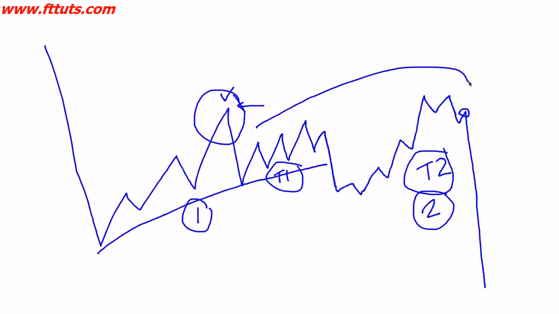Make sense? What I personally do is I say, forget reading the entire left-hand side. Let it take its time up until here. Let him do whatever he wants. I'm more interested in when I get a secondary move up, and as a secondary move up is going, I'm more interested in selling that.